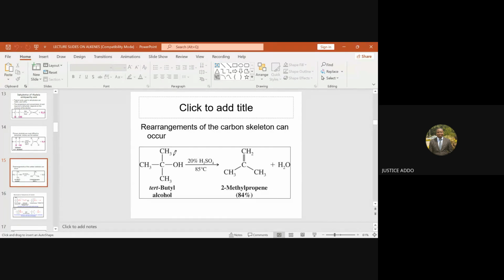And so the tertiary alcohols, you see that the OH is bonded to a tertiary carbon. Of course, you know what a tertiary carbon is, a primary carbon is, a secondary carbon. So for tertiary alcohol like this, you realize that at the least temperature and concentration of the acid, the dehydration takes place and you form your alkene.